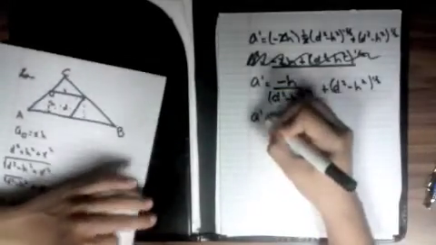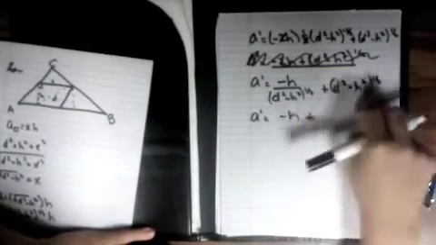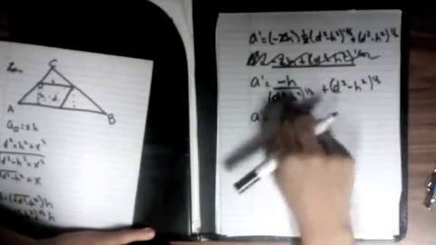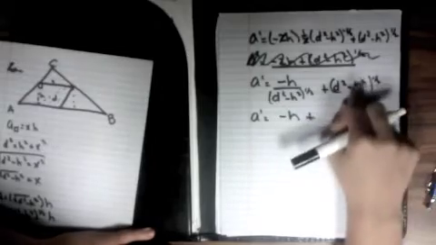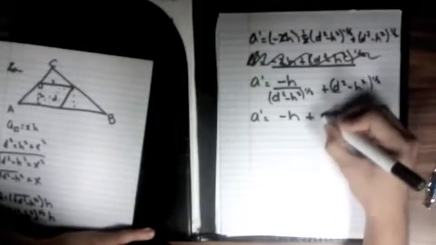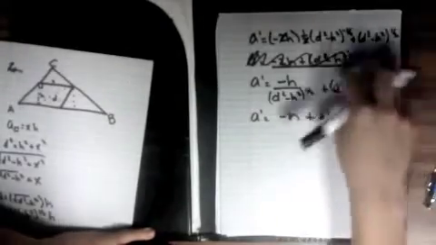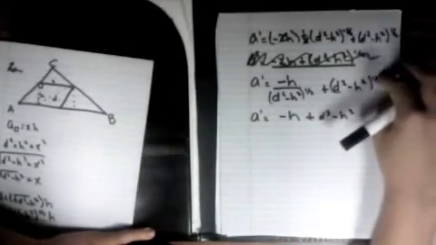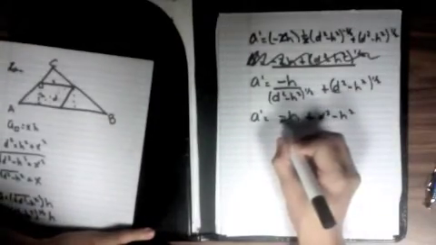To simplify this even more, we have negative h plus, the denominator would be this, so we multiply d squared minus h squared times d squared minus h squared, and the exponent is eliminated.